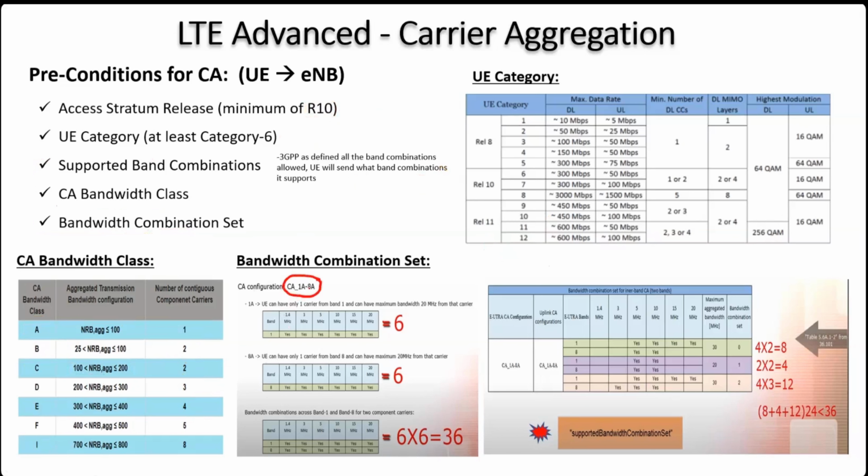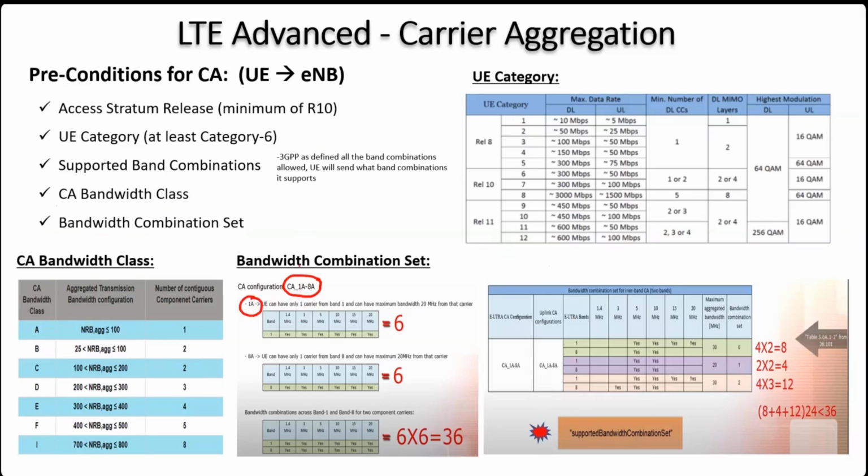It tells the carrier aggregation configuration: you can have only one carrier from band 1 and class A. And 100 RBs it can aggregate means up to 20 megahertz. Are you able to understand this line or not?